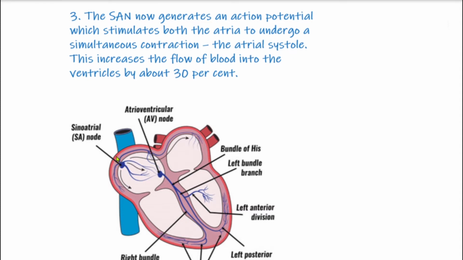And due to this contraction of the atria, more blood will flow to the ventricles, because when the atria contract, intra-atrial pressure will increase, and that will push more blood inside the ventricles. This increases the flow of blood into the ventricles by about 30%.